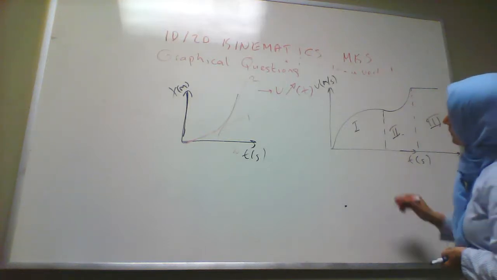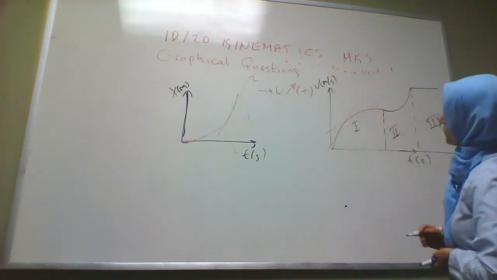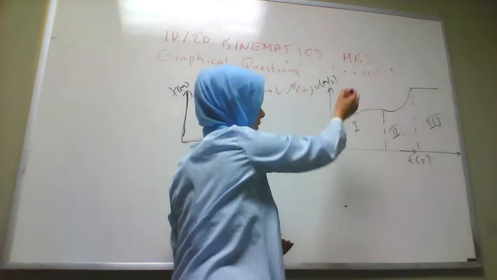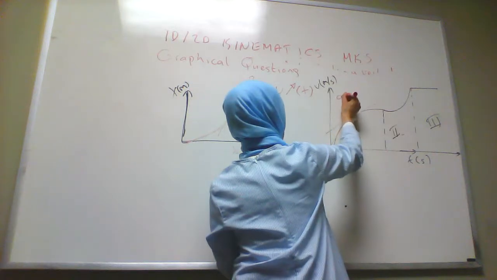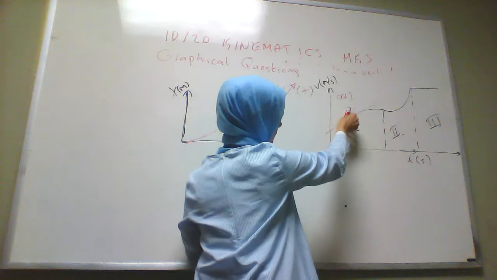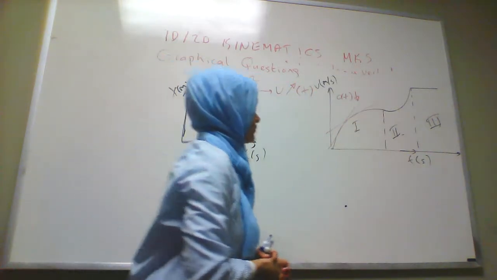I draw my tangent lines first. Let me draw two tangent lines in each section. Here I have upward looking tangent lines. It is positive, a is positive. And the tangent line steepness is decreasing, so a is decreasing there.